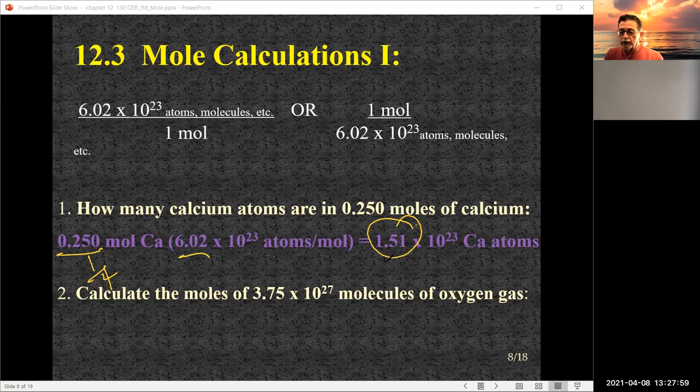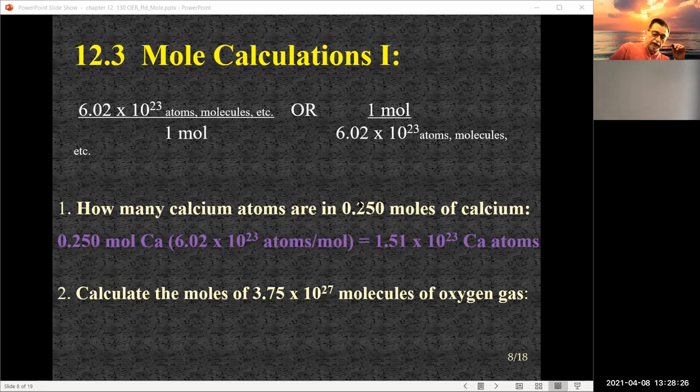So if your number ends up greater than 6.02, then you did something wrong in the math. That number should be much less than 6.02, okay? And just because your calculator types out a number, don't be quick to just give that number. Look at your number. Does that number make sense based on the mathematics that you're doing?